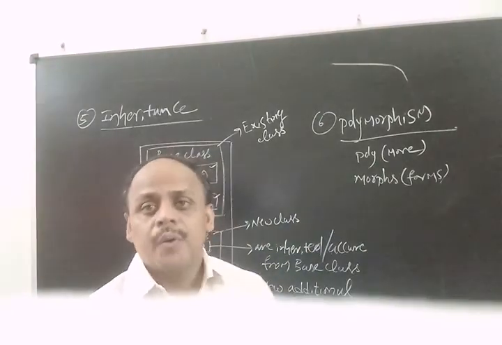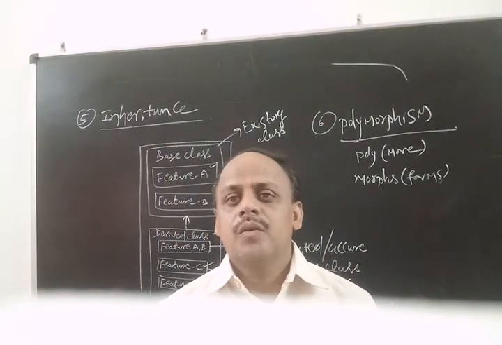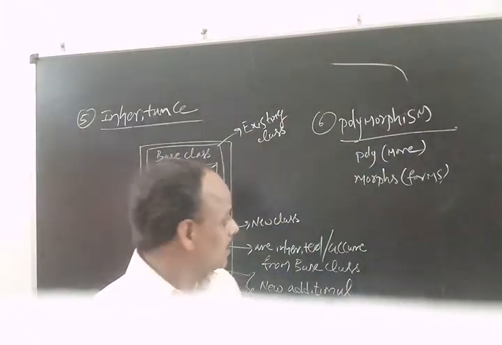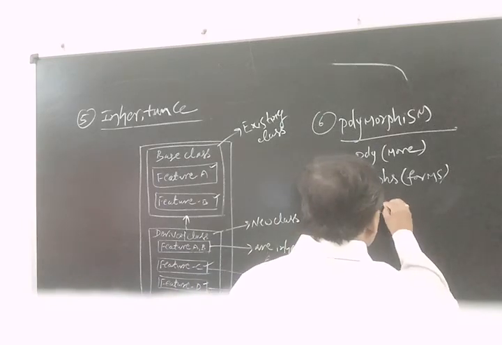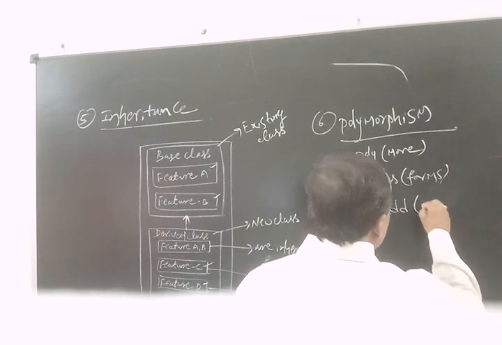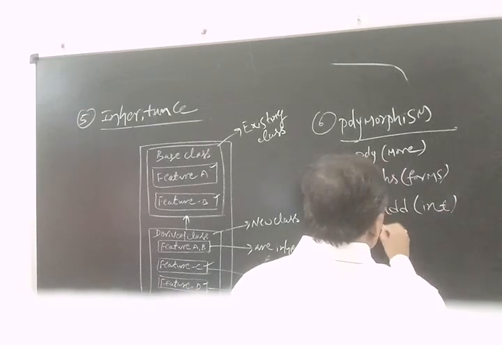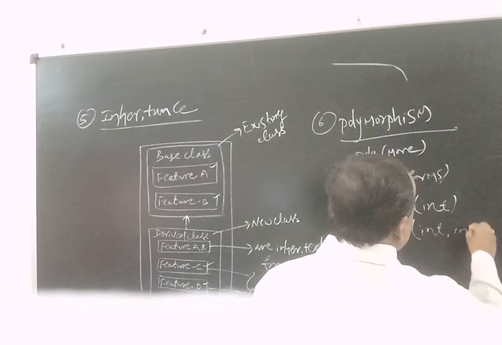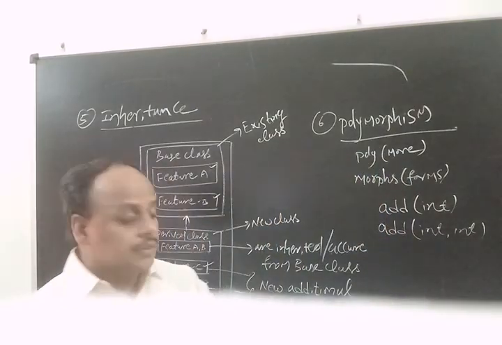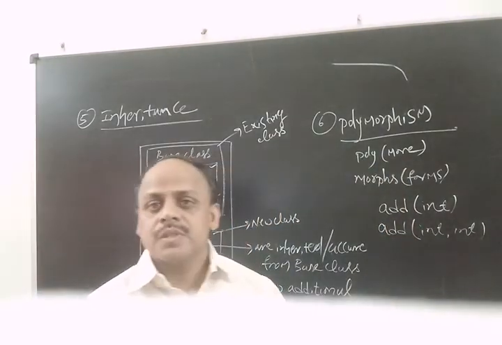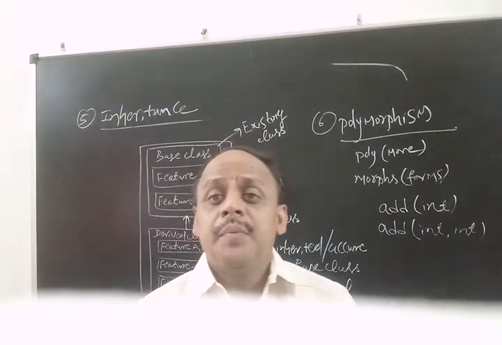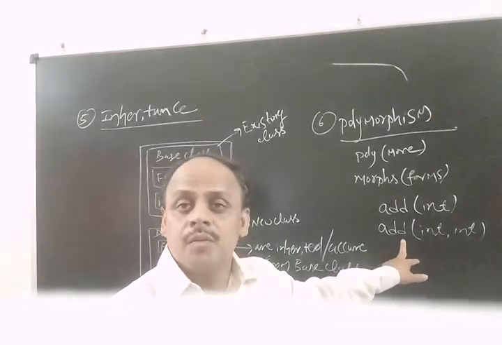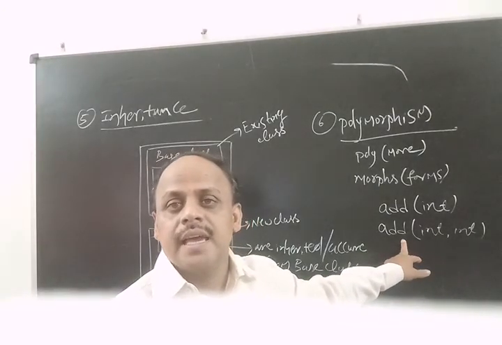While writing programs, we can use this polymorphism concept. For example, the same function name add, with add(int) and add(int, int). Polymorphism says it is the ability of a function to act in more forms with the same name.